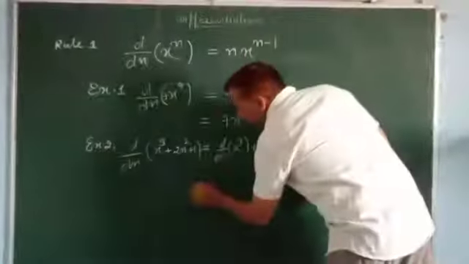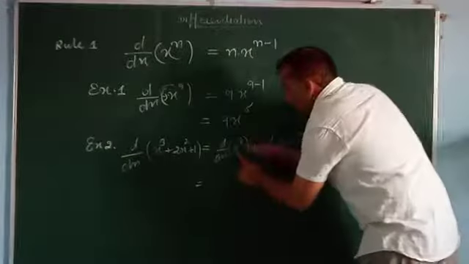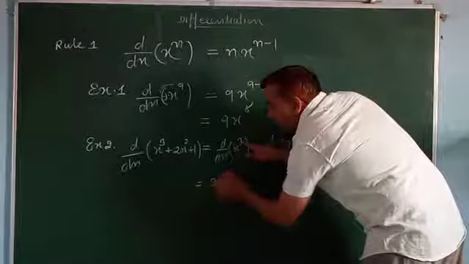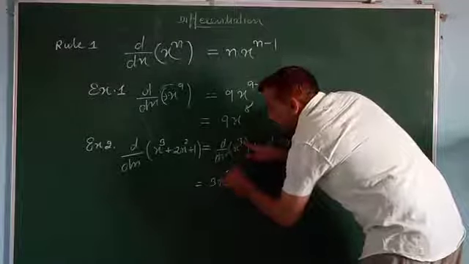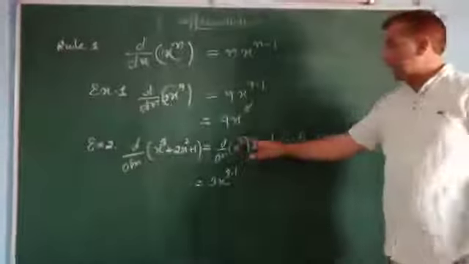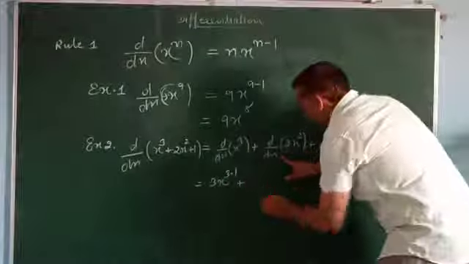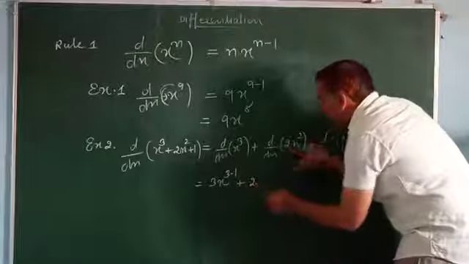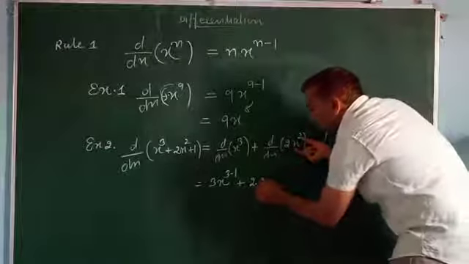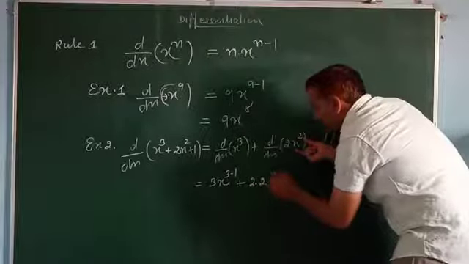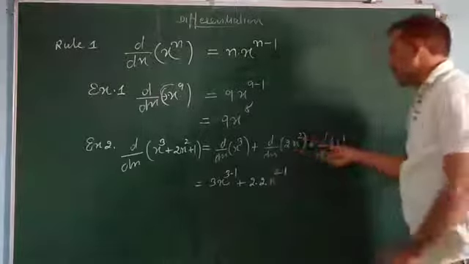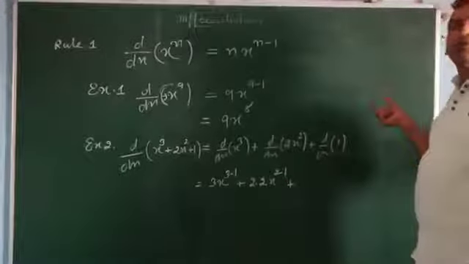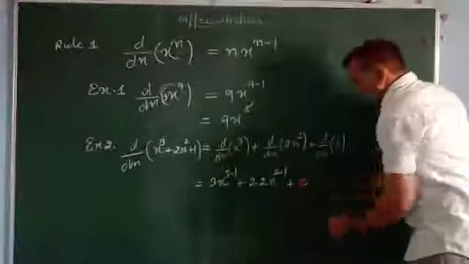So the derivative of this function will be: here the power is 3, so its derivative will be 3x raised to the power 3 minus 1, plus the derivative of the second function, which will be 2, a constant as it is, into the derivative of x square, which is 2 into x raised to the power 2 minus 1, plus the derivative of the constant function, which is 0.